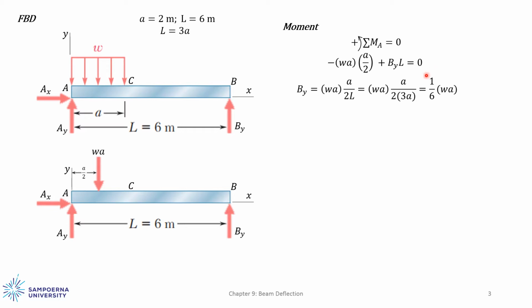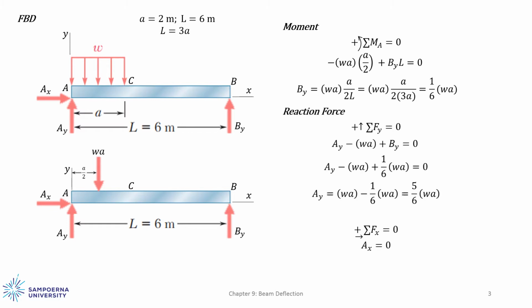Solving for By, we get By is 1/6 wa. Here, we don't apply the known values to the equation because we want the next calculation to be simpler, so we will keep this form.